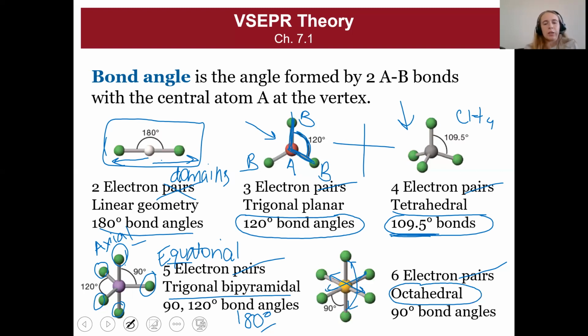They're not really called axial and equatorial in the case of the octahedral molecule, but all of the adjacent bonds are 90 degrees. So we got 90 degrees everywhere in the octahedral molecule, which of course means that when we go to the next one adjacent to that, it's 180 degrees. But that's what we're looking for.